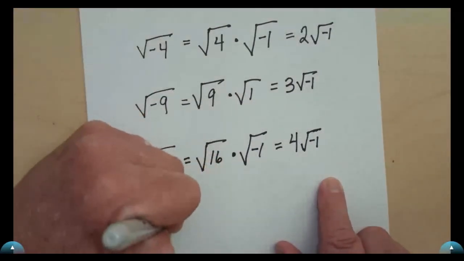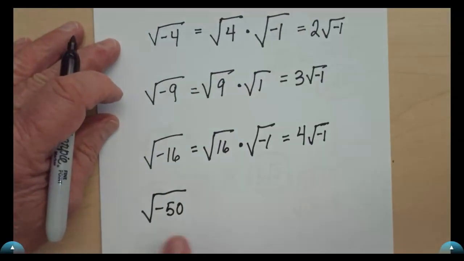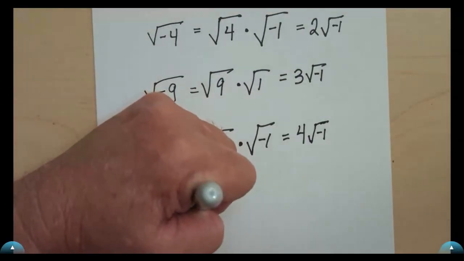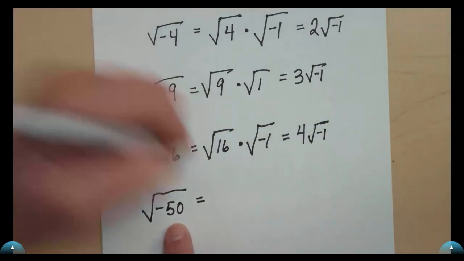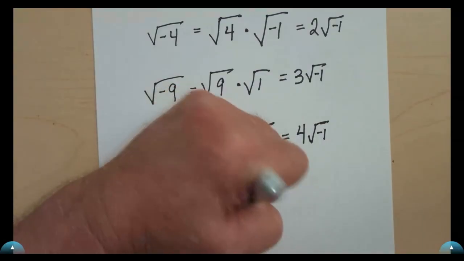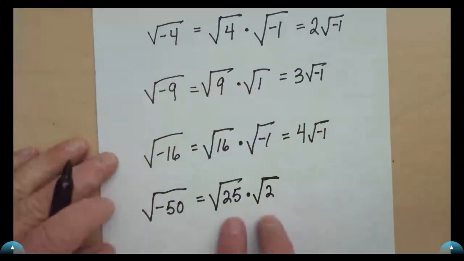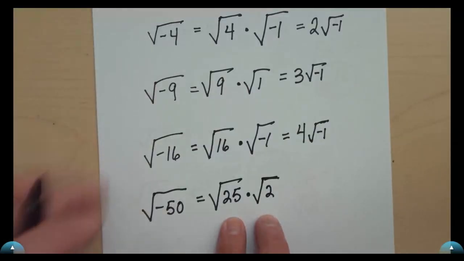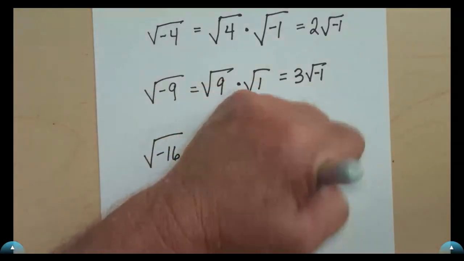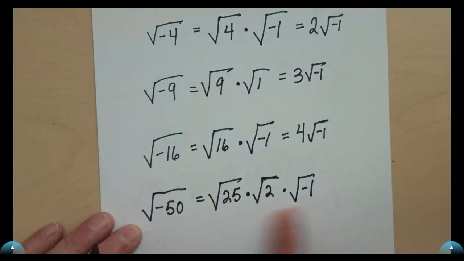By the way, we could do a similar thing if we looked at the square root of negative 50. In this case, I'm going to say that the square root of negative 50 is equal to the square root of 25 times the square root of 2. Now remember, that's equal to the square root of positive 50 times the square root of negative 1. So all that multiplies to be negative 50.